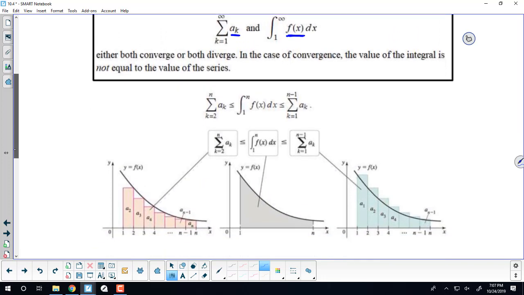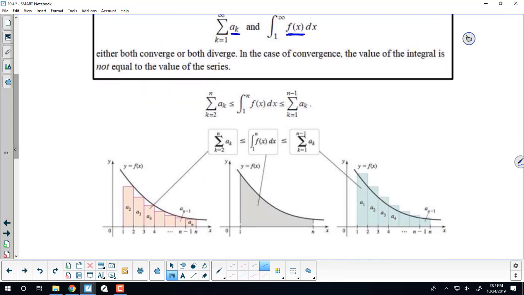We're not going to actually prove that, but the proof is based on this inequality where we have our sum starting at 1. If we looked at that sum and stopped right before n, the n minus 1 term, that sum is larger than or equal to the integral. If we start our sum at 2 and stop at n, then that sum is smaller than the integral, because we see here that these right Riemann sums under-approximate the area, and this series gives us left Riemann sums which over-approximate the area.